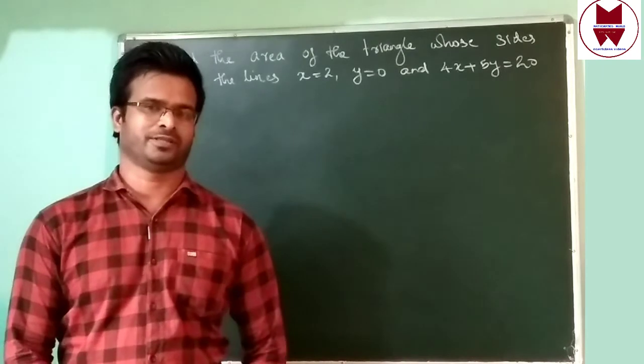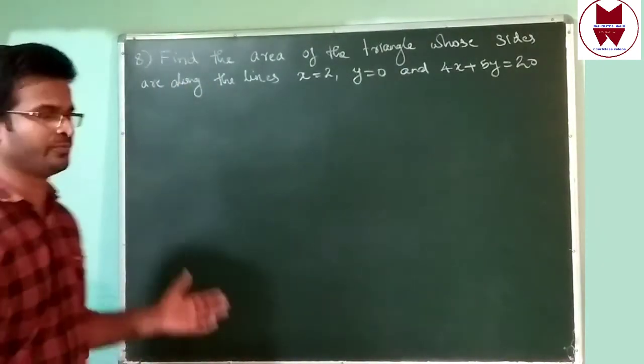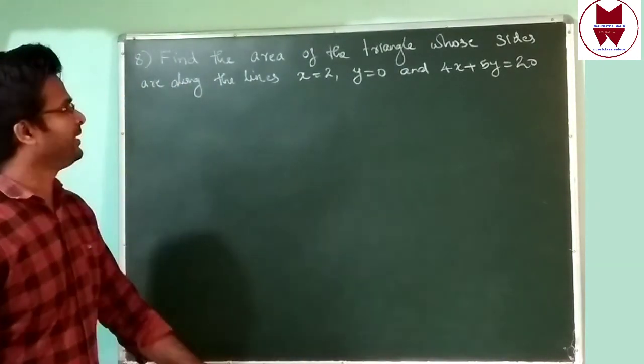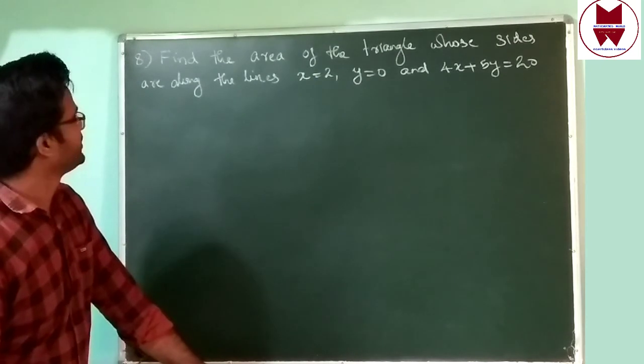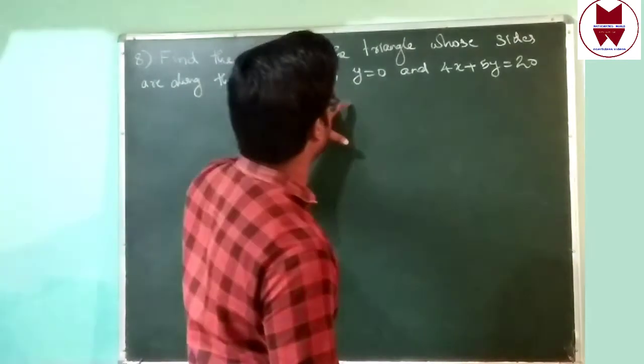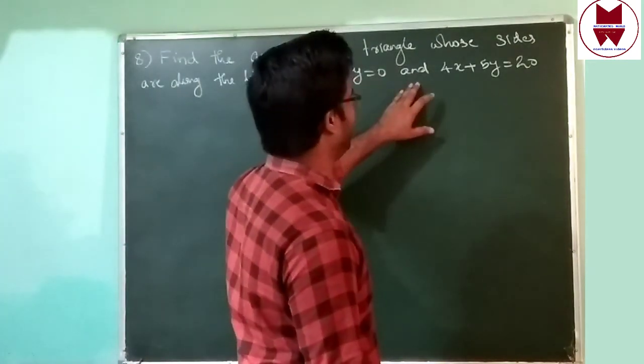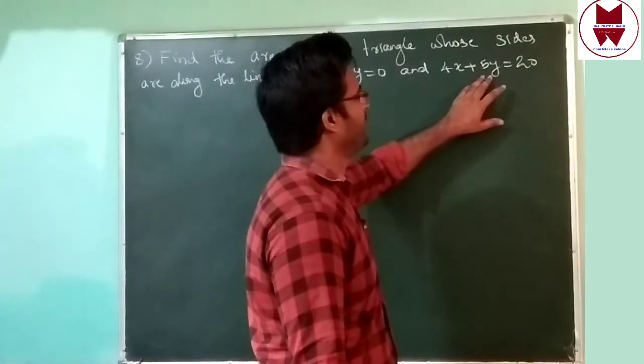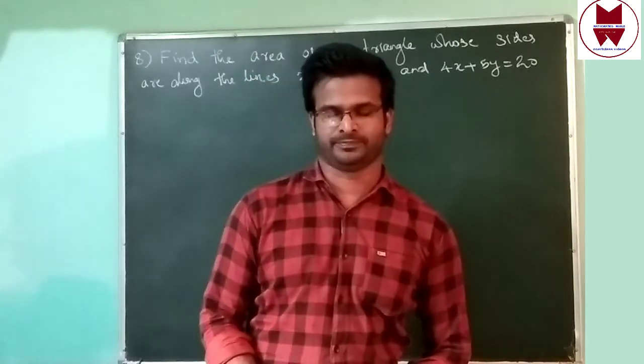Now we can see question number 8. Question number 8 is the last question from this chapter. Find the area of the triangle whose sides are along the lines x equal to 2, y equal to 0 and 4x plus 5y equal to 20.